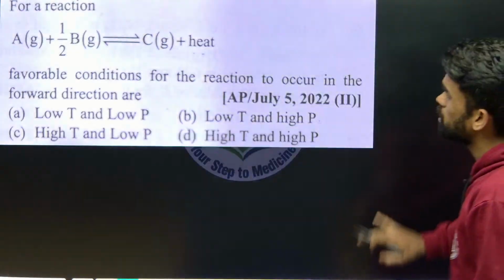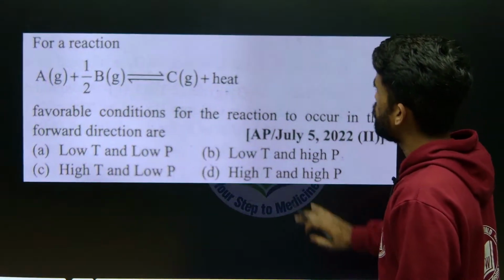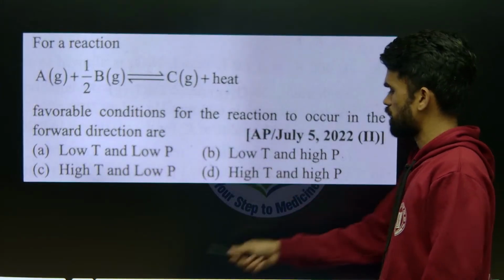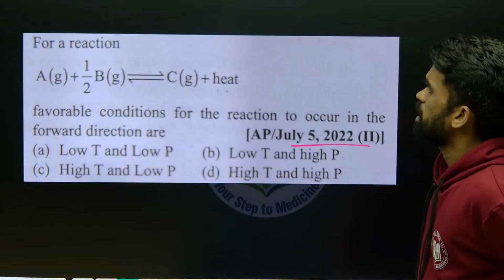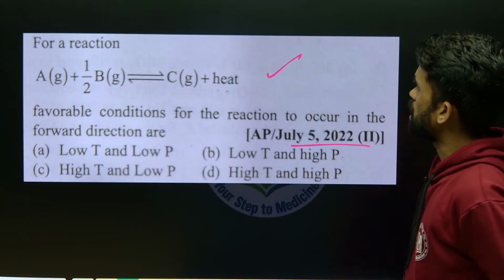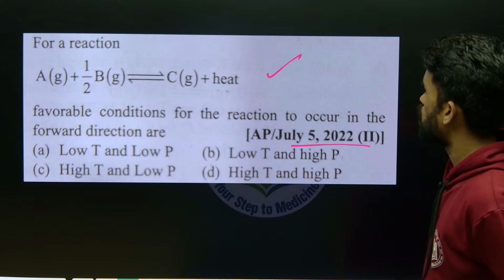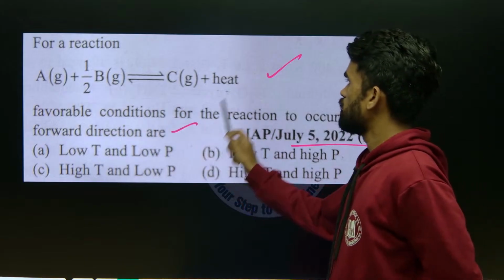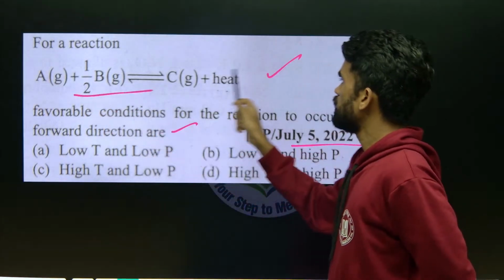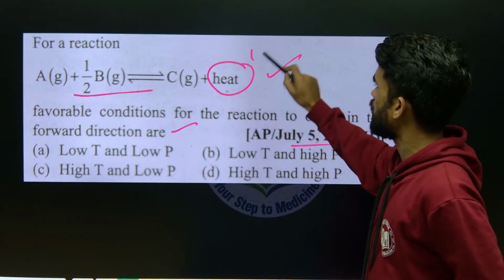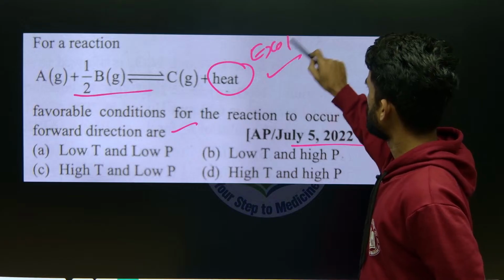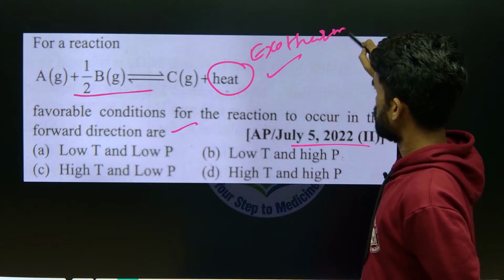Look at what they are saying. For a reaction, see, this is an EAPCET question again. For the reaction given, the favorable conditions for the reaction to occur in the forward direction are, see, during the reaction heat is released. If heat is released during the reaction, we say it is an exothermic process.